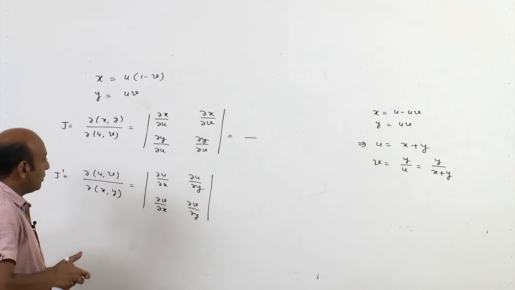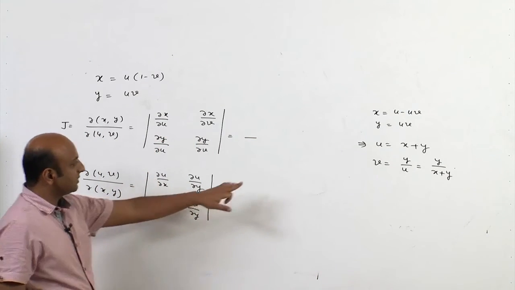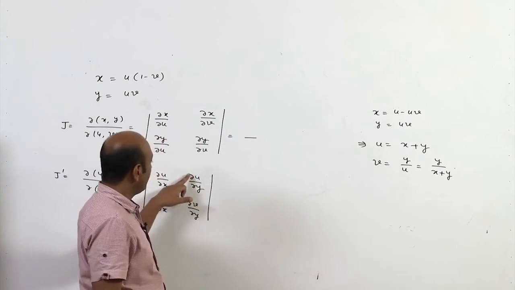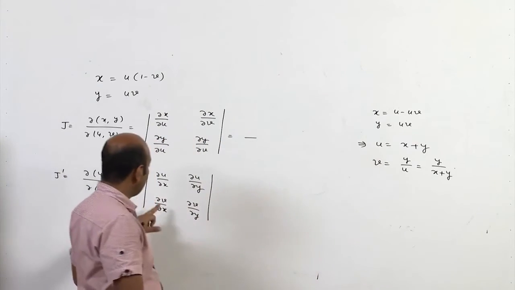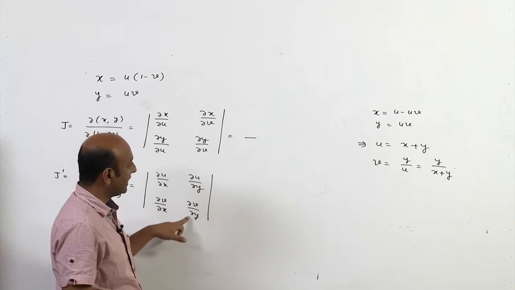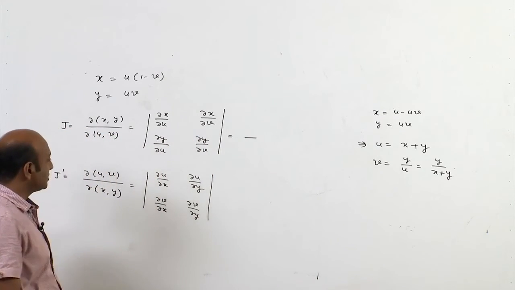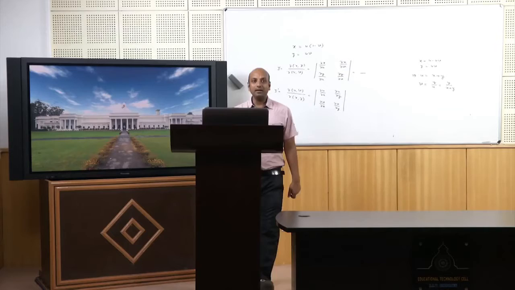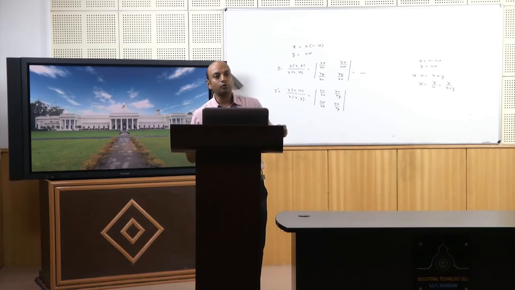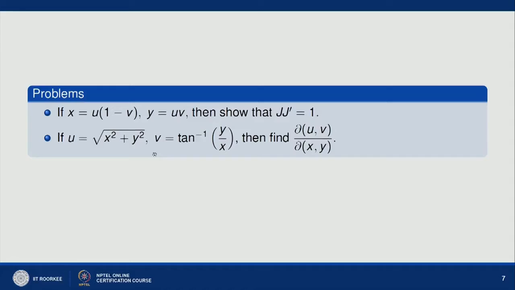So, we can compute del u by del x, del u by del y, del v by del x, del v by del y from these expressions. Compute j and j dash, and we can easily verify that j into j dash will come out to be 1.